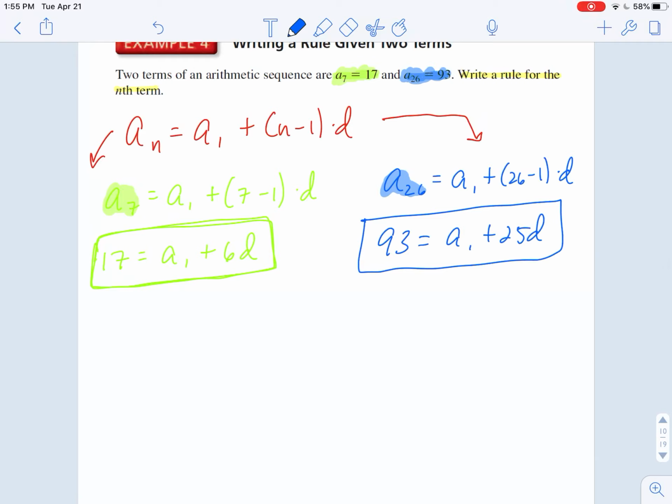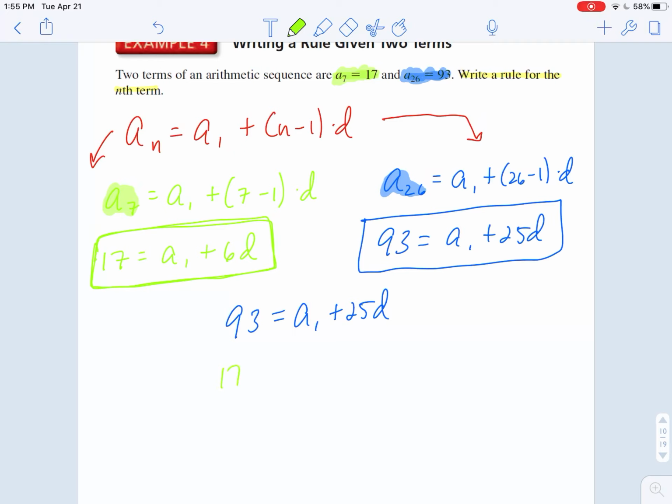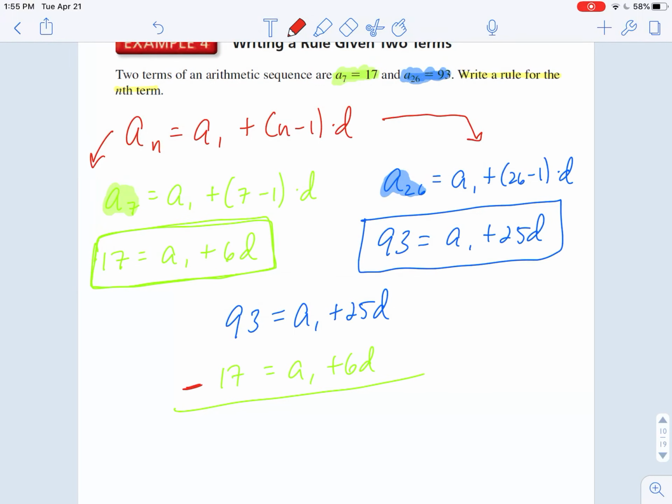So let's take these two equations, let's use the elimination technique. I've got 93 equals a sub 1 plus 25d. I've got 17 equals a sub 1 plus 6d. And let's subtract these two equations from one another to get rid of the a sub 1. So 93 minus 17 is going to go on the left.